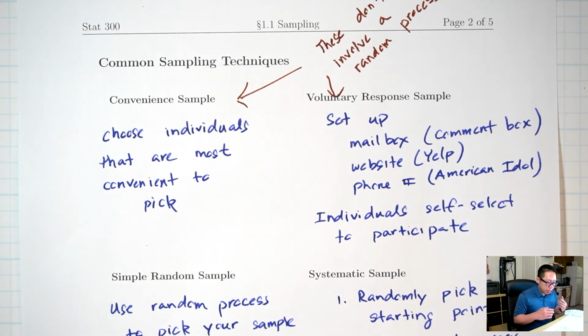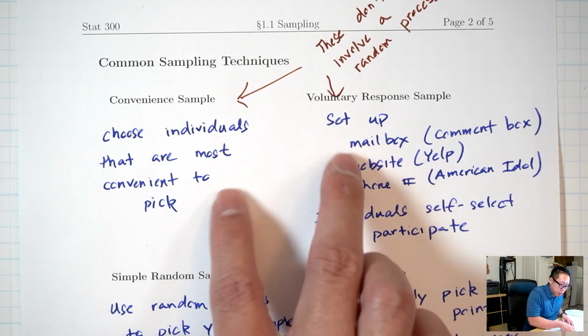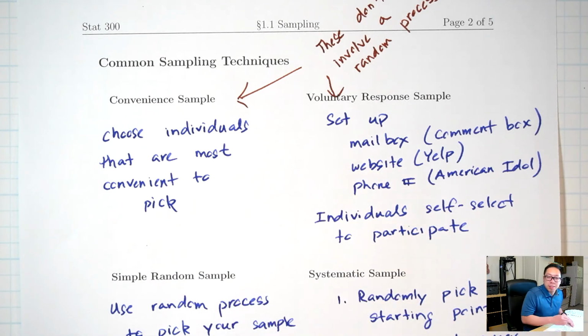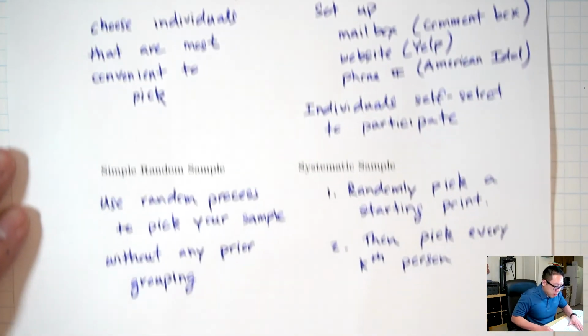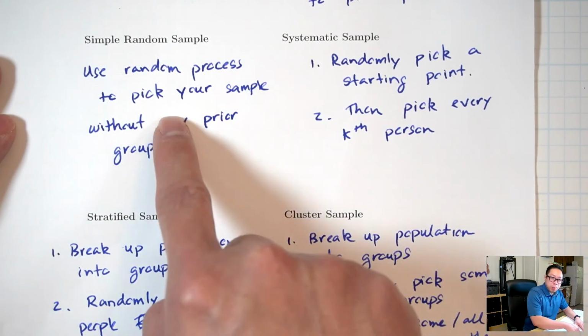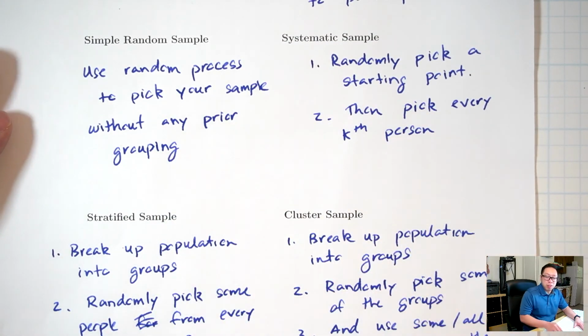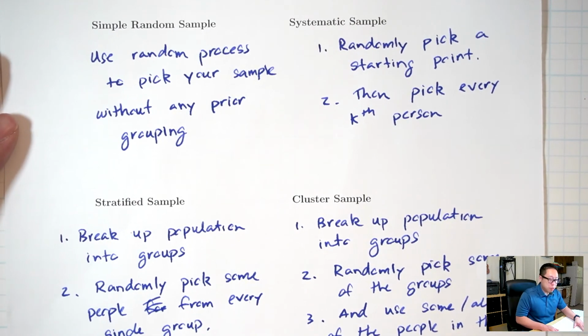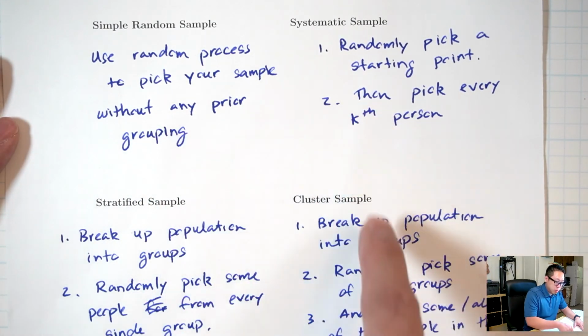So on a test, if the answer is one of these, I will accept both, because I can see it both ways depending on how you look at it. Now, the other four though, simple random, systematic, stratified, and cluster, I do think those are different. And so I do want you to focus on the difference between these four.